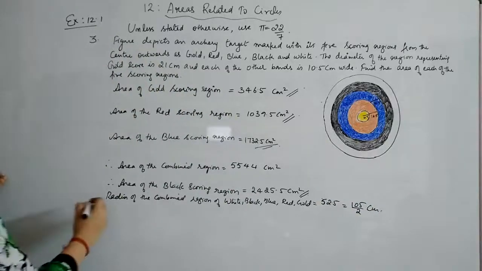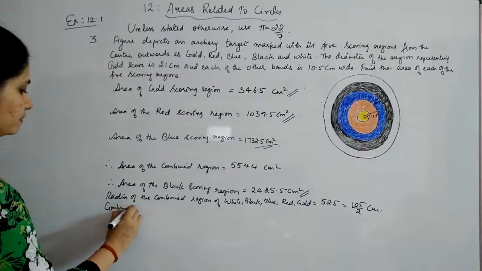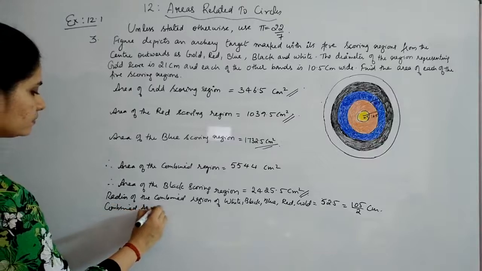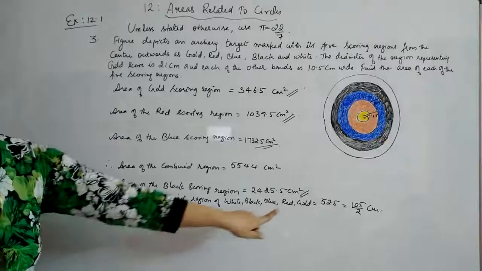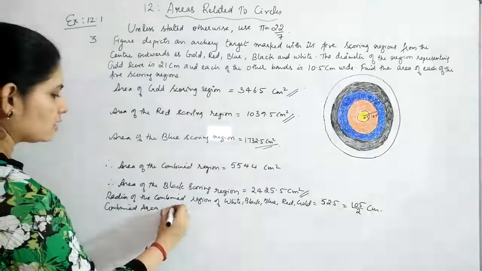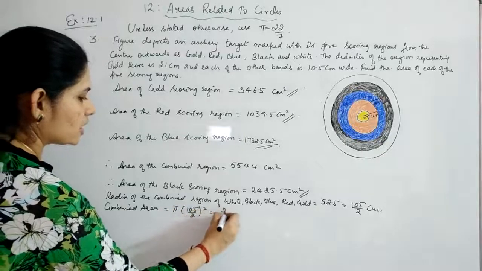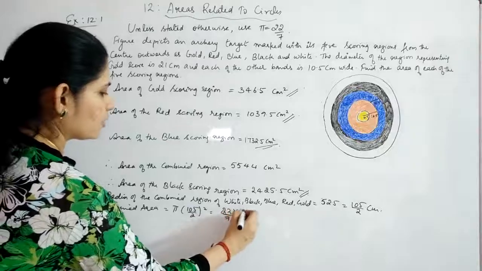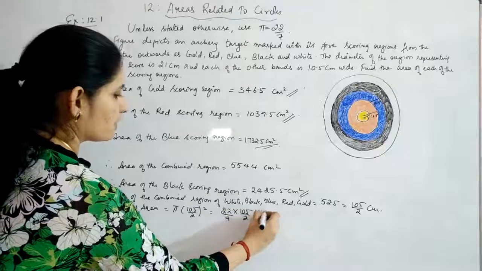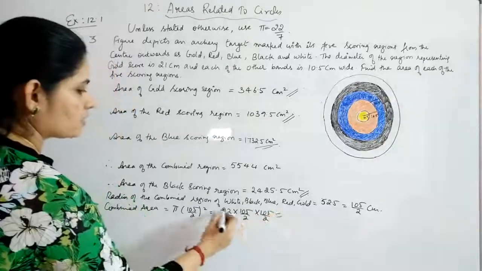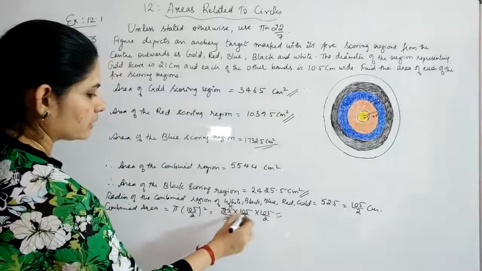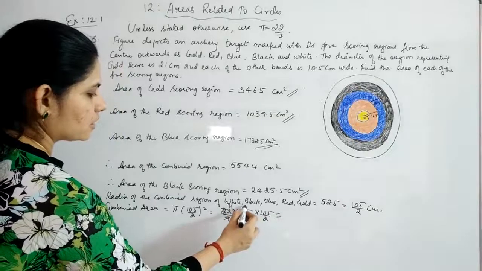Now we will find out the combined area. Combined area of all these will be pi into r square, which is 105 by 2 the whole square, that is 22 by 7 into 105 by 2 into 105 by 2, which gives you 11. Here you will get 15.